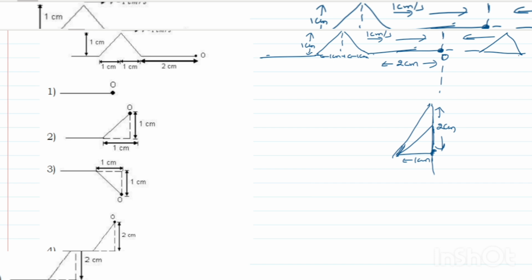Take this one portion alone; it will be at 3 centimeters and imposing on the same portion, giving 2 centimeter together, and here 2 centimeter and 1 centimeter. So the fourth one is the correct answer.